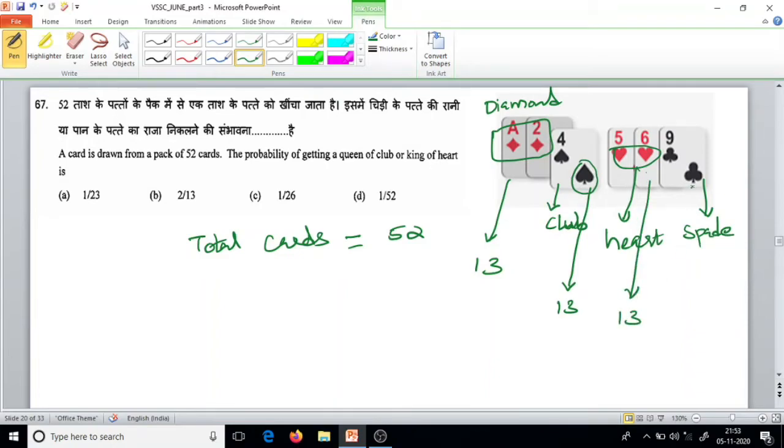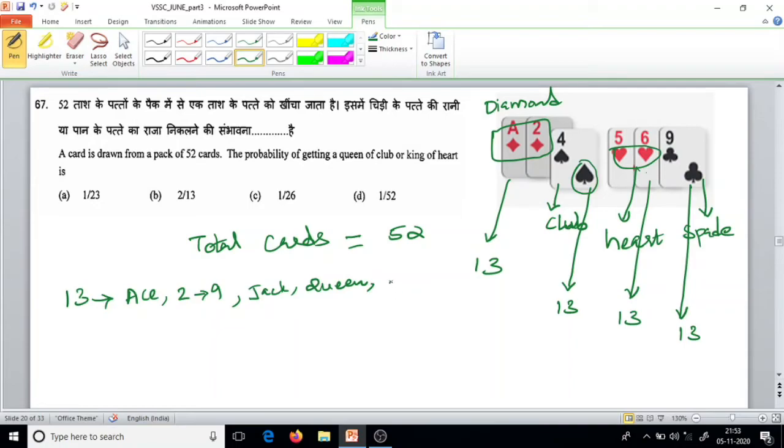So in each set of 13, there will be an ace, then 2 to 9 numbers, then one jack, queen, king. So total 13 cards are there.